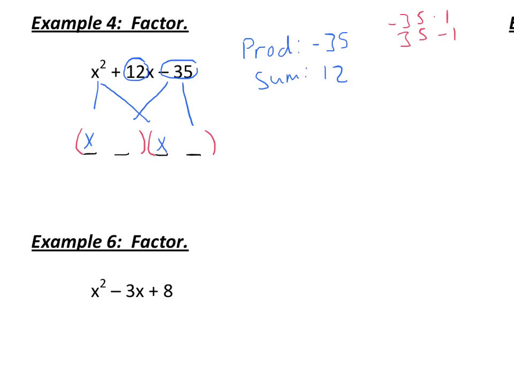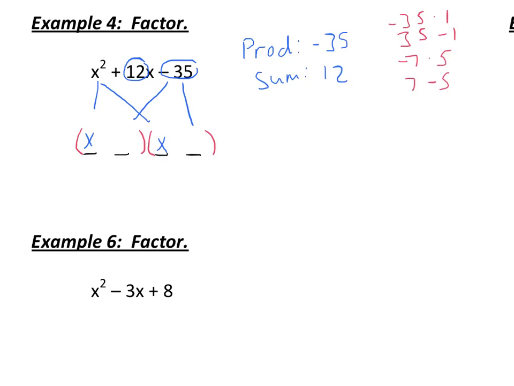We can go with 7, negative 7 and 5. And that does not add up to 12. I could go to 7 and negative 5, and that does not add up to 12. And if we look at that, those are all the factors of 35.